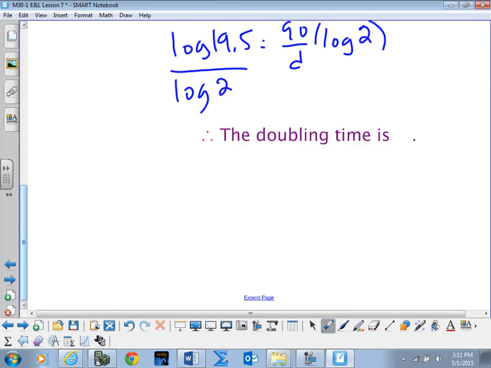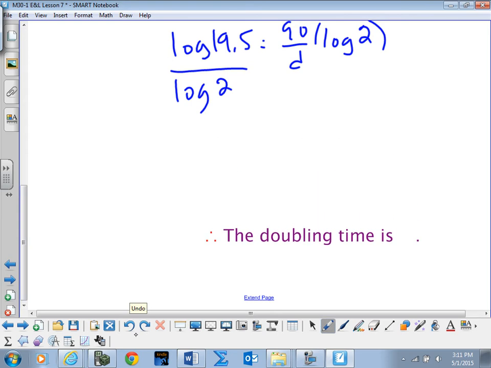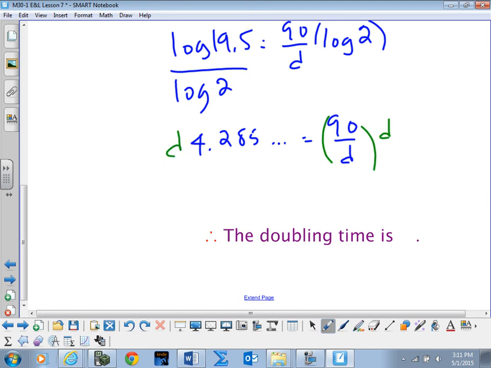So what I'm getting here is this. Now I'm afraid I would lose a lot of people here because the denominator is the unknown. We did have a denominator in the unknown on the quiz, and most of you handled it well. You multiply both sides by D. And then in order to isolate D, what we end up doing is taking 90 and dividing it by this number.